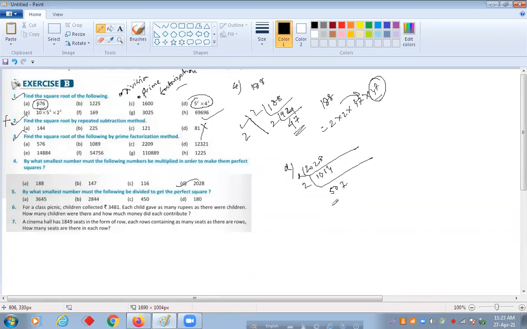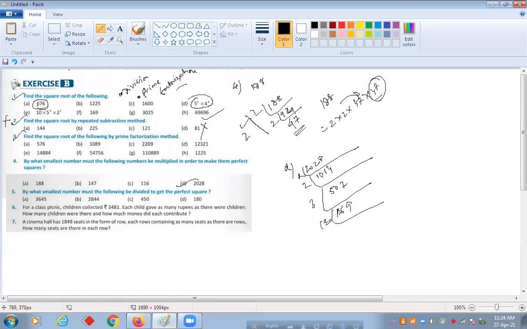Then we'll try any other number. It's possible with 3. 3 ones are 3, 3 sixes are 18, 3 nines are 27.